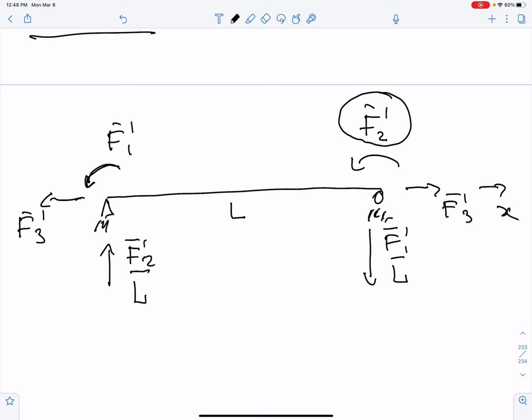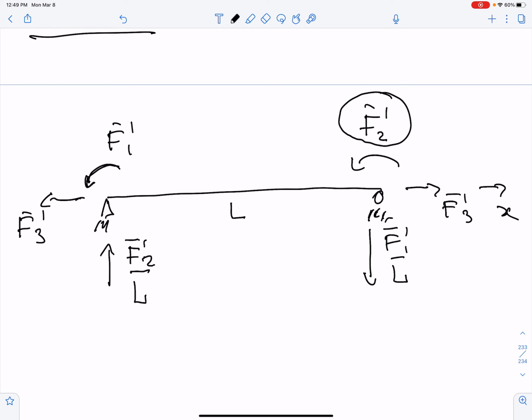Okay? So now, let's think for a second that F̄'1 is 0. So in that case, that force is 0. And it looks like in the x direction, the element's in equilibrium because F̄'3 points in equal and opposite directions.